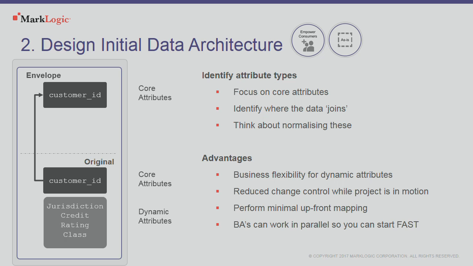So you start to simplify the process of exposing the information to your consumers, but you're also optimizing the performance of the system all the time. In addition to those core attributes in the envelope, you'll probably put some system attributes in there as well. If you need to use our bitemporal capability, there might be some timestamps in there. And very, very importantly, and I'll cover this in a lot of detail in a second, is hashing. So you might want to start thinking about hashing the data as it arrives and creating a unique fingerprint for it for duplicate checks.